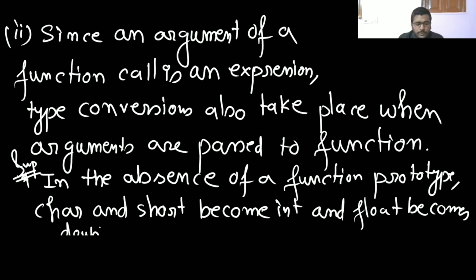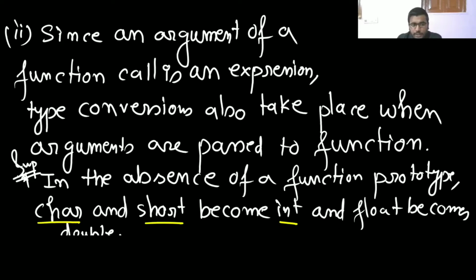That's why we have declared function arguments to be int and double even when the function is called with char and float. Because if you have not given a function prototype, char and short will become int and float will become double.